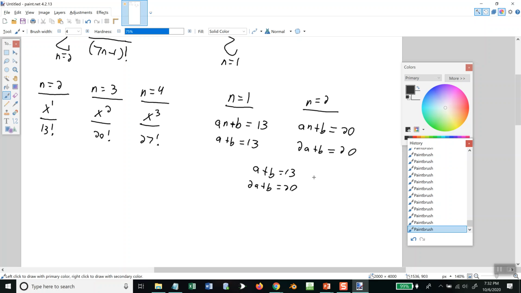If I multiply the first equation by -1, then we get negative a minus b is equal to negative 13. And 2a plus b is equal to 20. Negative a plus 2a is a. Negative b plus b cancels. Negative 13 plus 20 is 7. So a is 7.